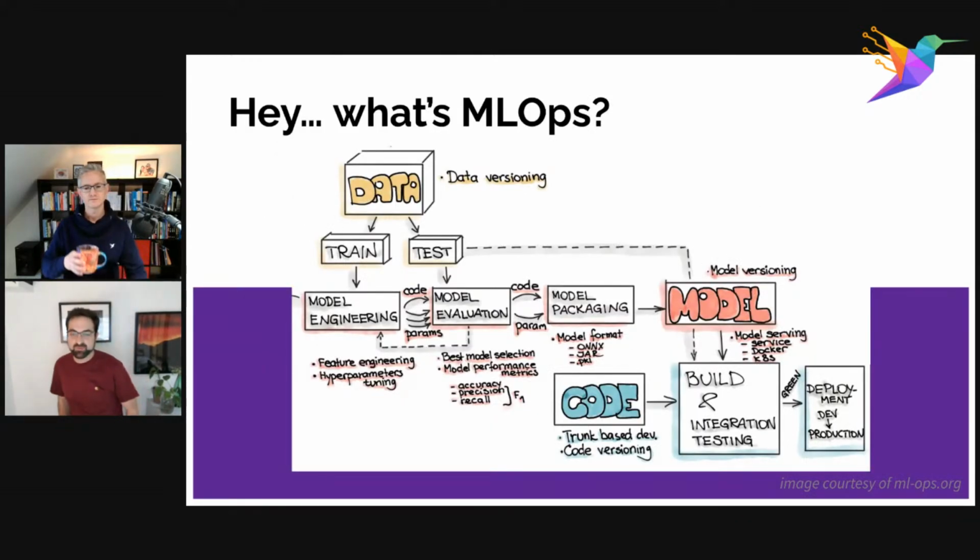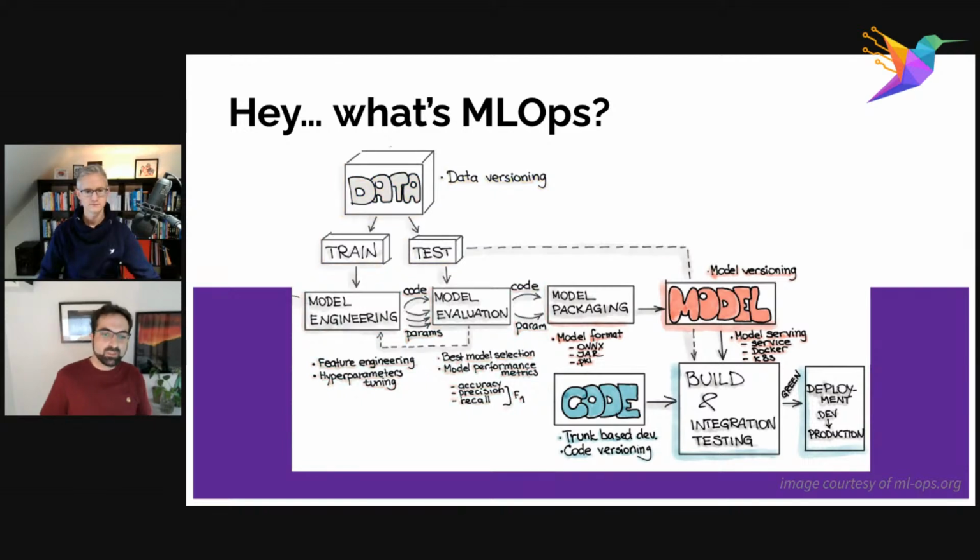What is MLOps? Well, essentially, it is taking care of the full life cycle of your machine learning models, from essentially training your models, versioning your artifacts, scoring your performance, packaging that up, and shipping that as a model in a deployment environment.